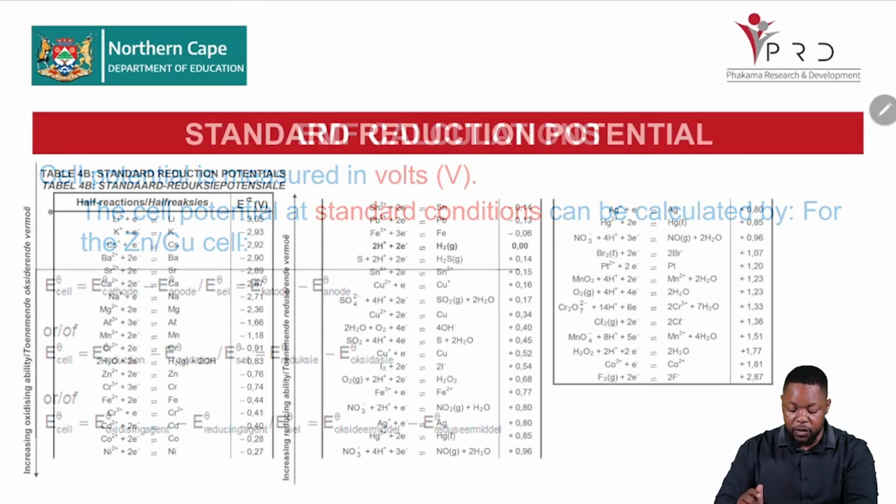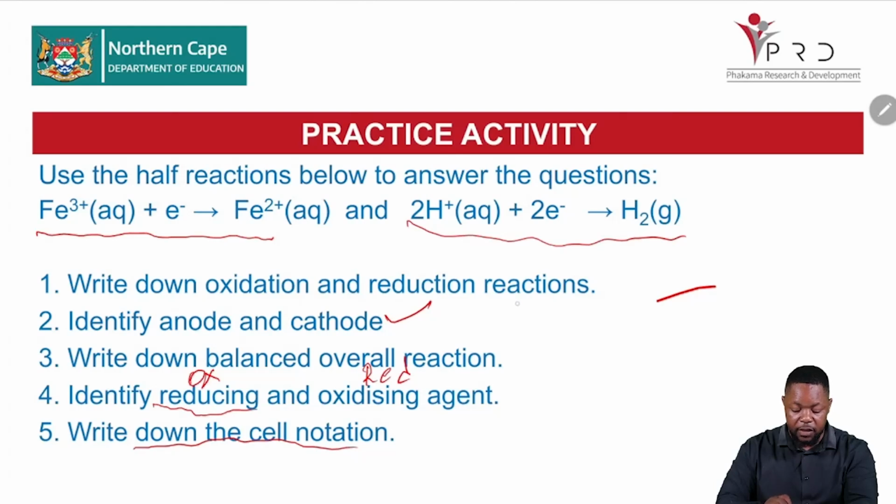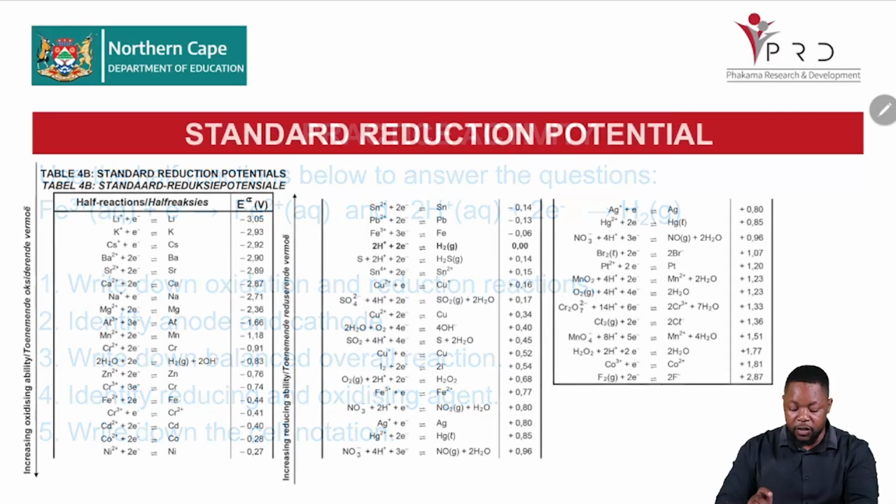So to answer those questions, I think we have written the oxidation and reduction half reactions. This is our anode, the iron, and this one will be our cathode, since the reduction occurs there. And then we're going to write down the overall reaction.